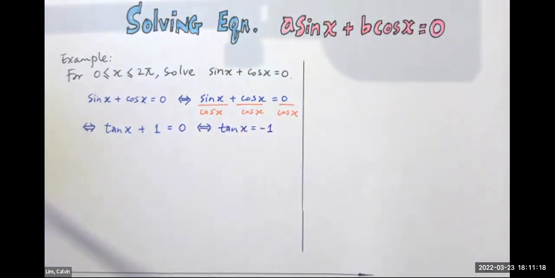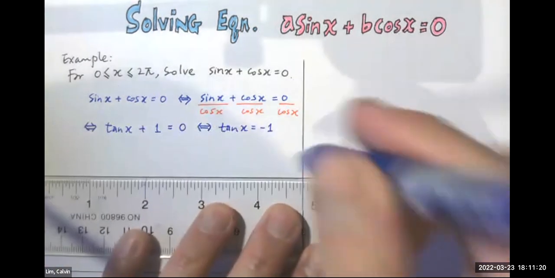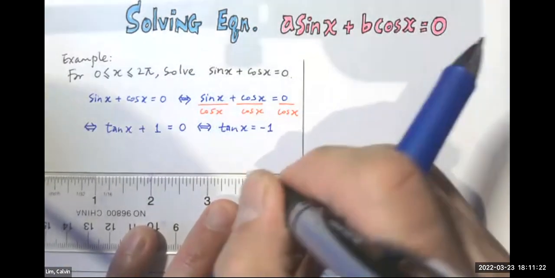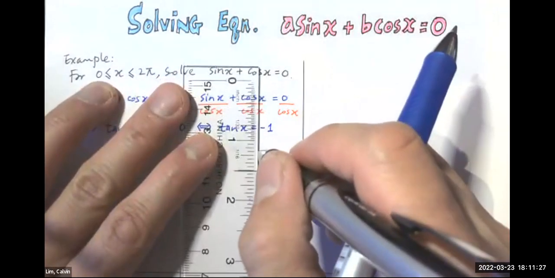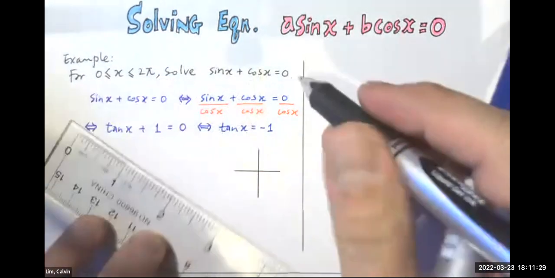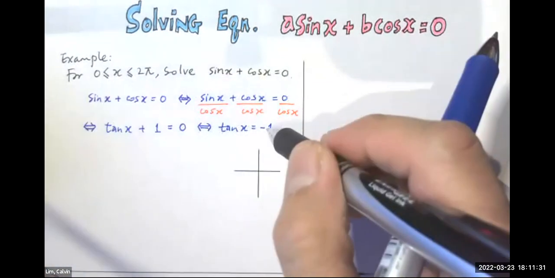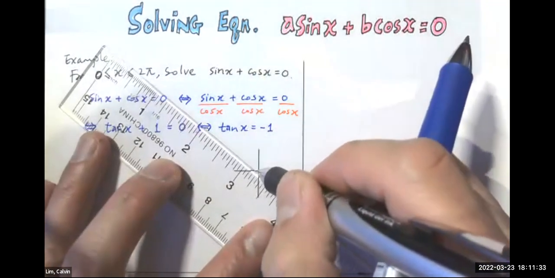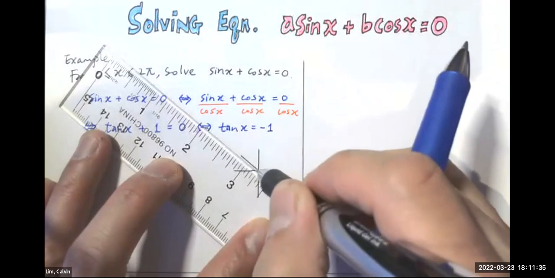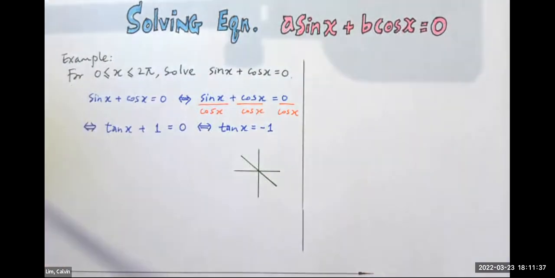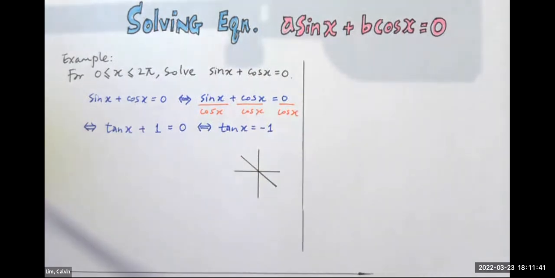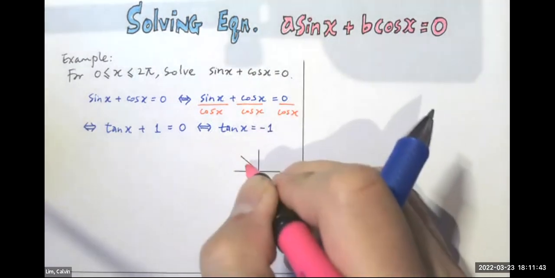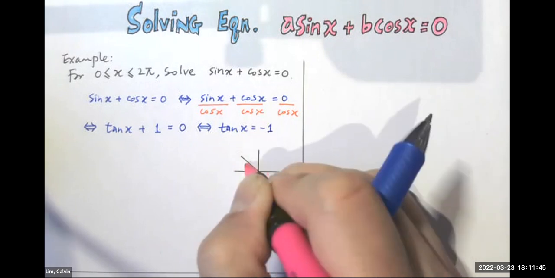So now the next step of solving this simple trig equation is to identify where the terminal arms are in the quadrant. Tangent negative, so the terminal arms are in quadrant 2 and quadrant 4, and the reference angles are here and here.